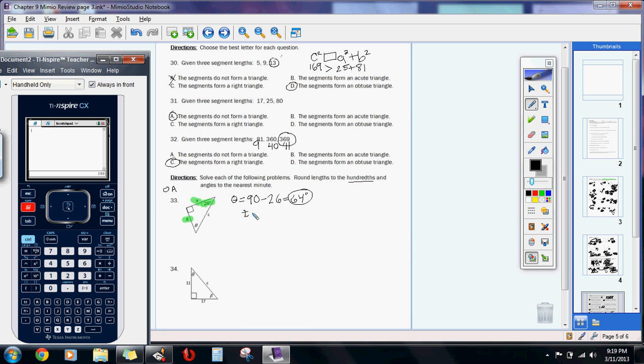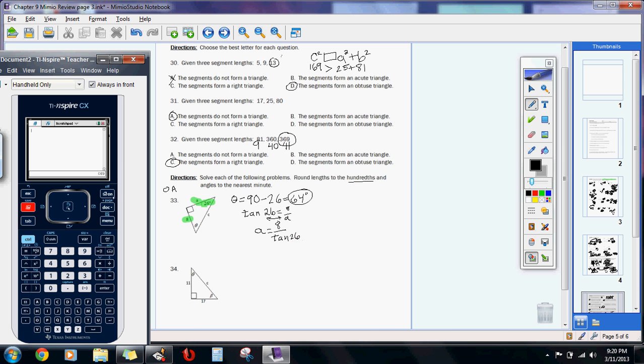So tangent of 26 is equal to opposite 8 over adjacent, which is A. So what we're going to do here is multiply both sides by A and divide both sides by tangent of 26, and essentially, like we've been seeing in class, these two just switch places. So the A is going to be equal to 8 divided by tangent of 26.